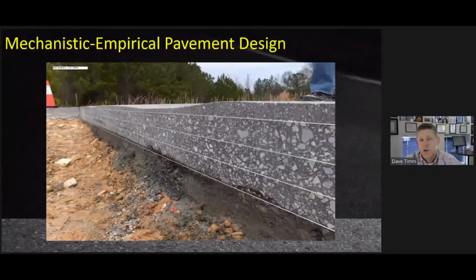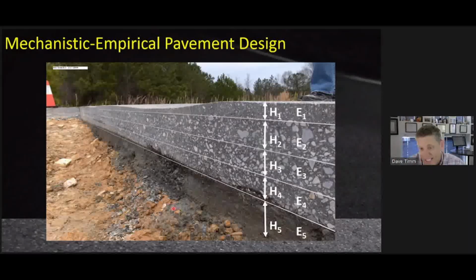So just for those that aren't familiar with mechanistic empirical pavement design or structural design at all, I just want to highlight how we go about doing ME design and where perpetual pavements fits into that. ME design begins by guessing at the layer thicknesses and knowing what the properties of the layers are.